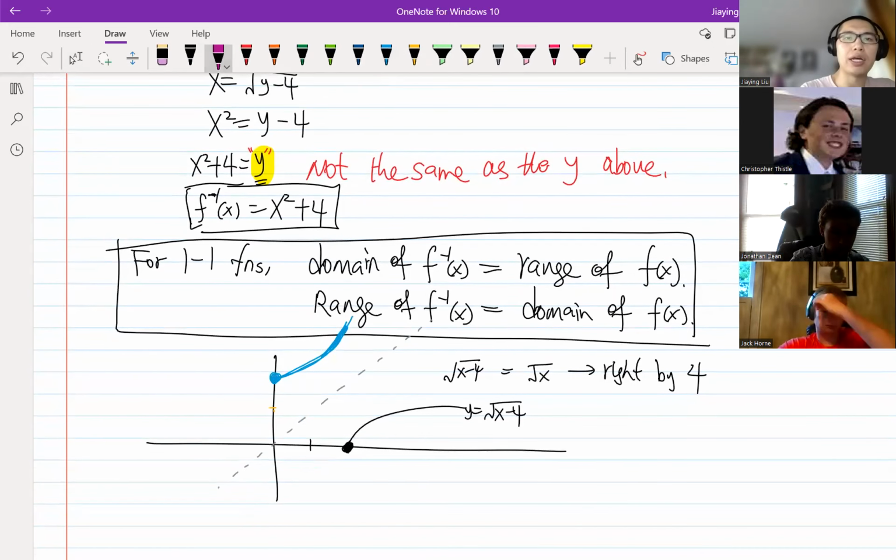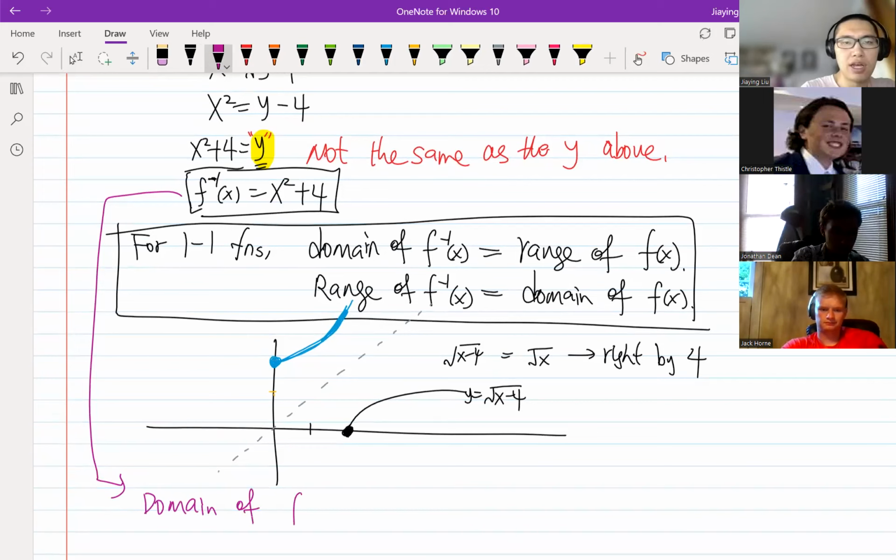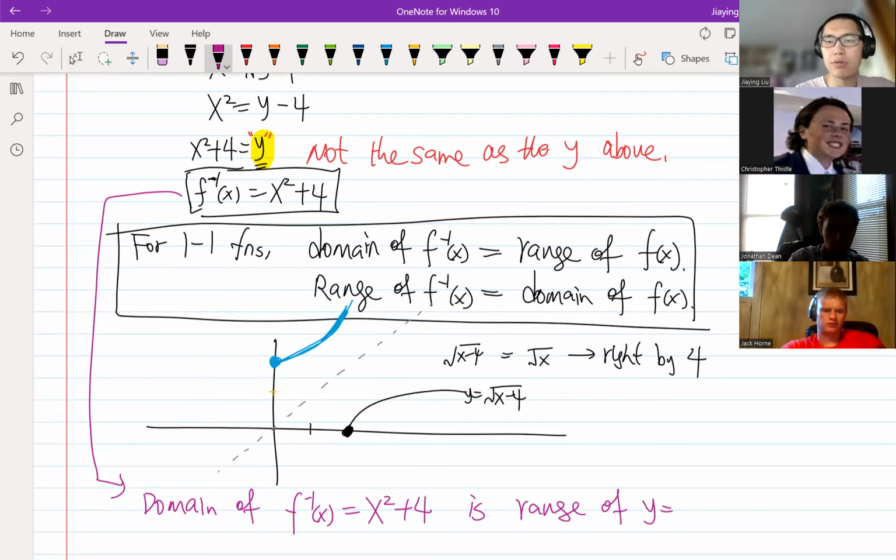Because the domain of the inverse function f inverse of x equals x squared plus 4 is not all real numbers. It's actually equal to the range of y equals square root of x minus 4, or f of x equals square root of x minus 4.